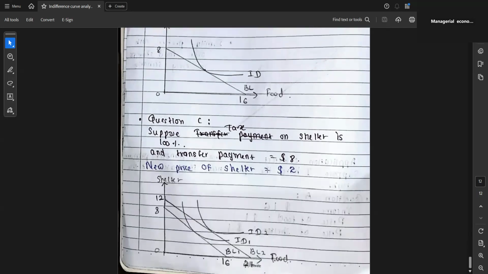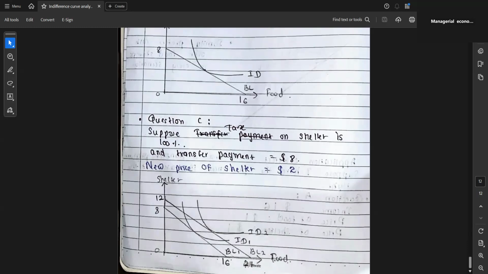Then the consumer gets a transfer payment. Still the tax is there, but now he gets a transfer payment of $8. So now we are going to add this $8 to the income. The maximum amount he can buy of each good has changed. Because of the additional transfer amount of $8, the budget line has moved.